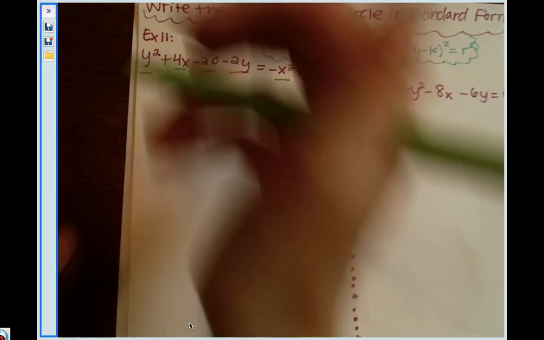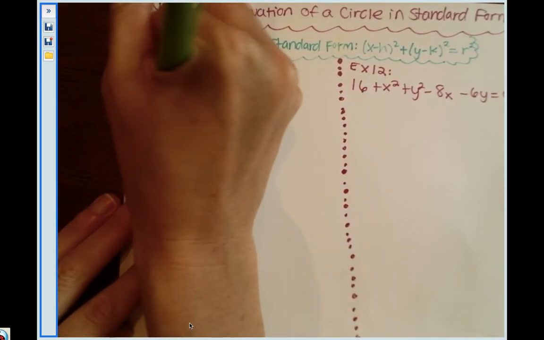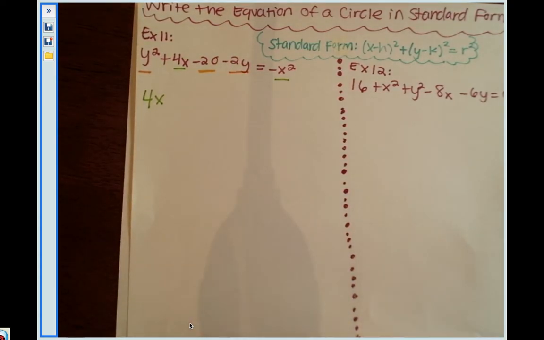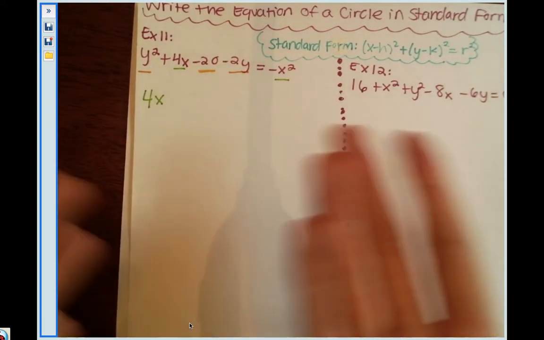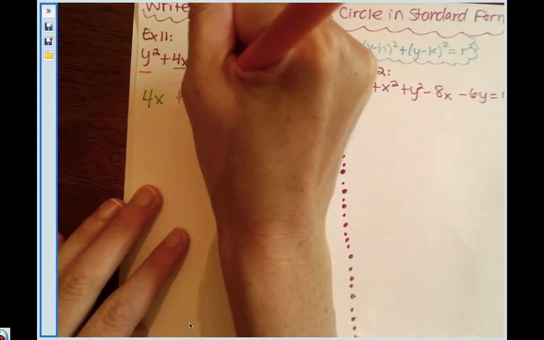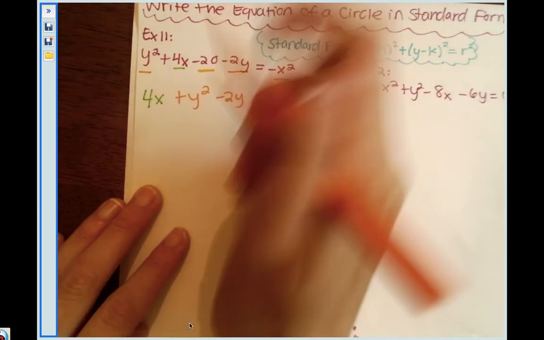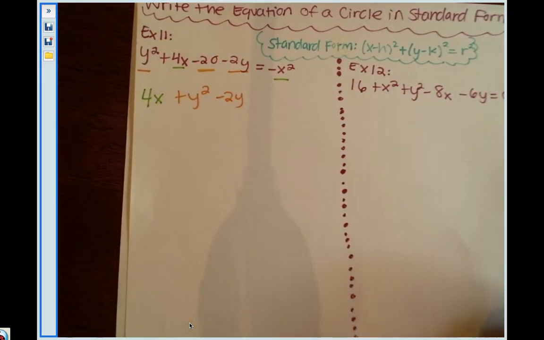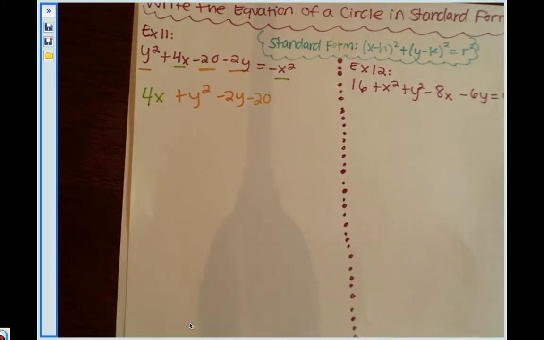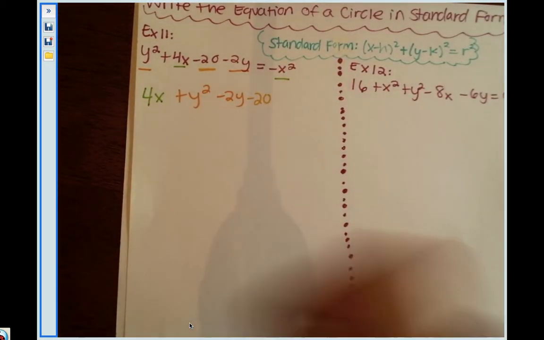So I have a 4x on this side, so 4x. My y's are these two, so I'm going to group those together. I'm not really grouping, I'm just kind of writing them side by side, I guess. So plus y squared minus 2y. My constant's the negative 20, so minus 20 equals negative x squared.